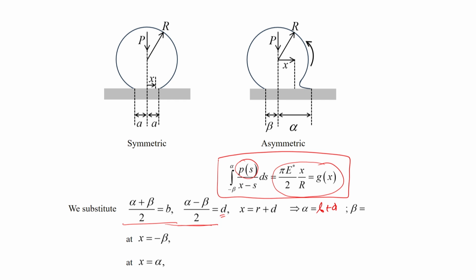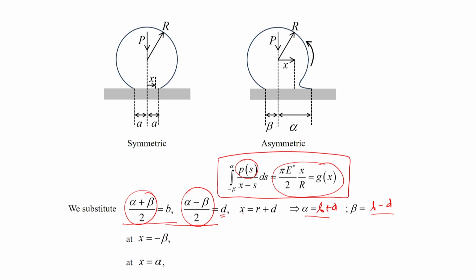And if I subtract, alpha plus beta by 2 minus alpha minus beta by 2 gives 2 beta by 2, so beta is equal to b minus d here. So we can substitute these expressions: alpha is equal to b plus d and beta is equal to b minus d, and then we can also take care of the limits.